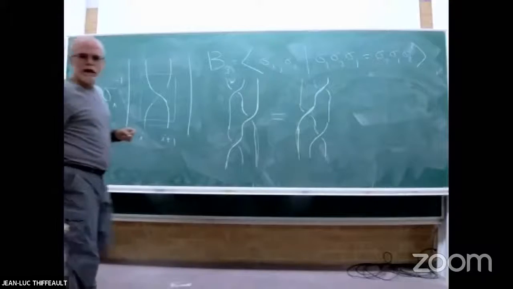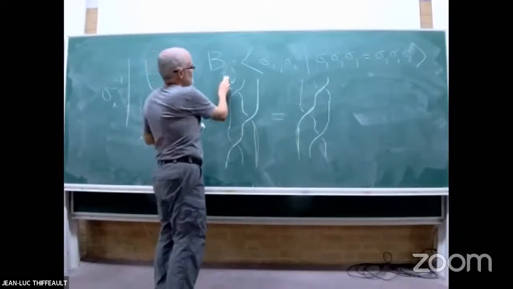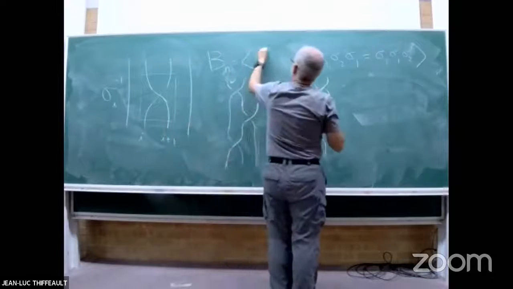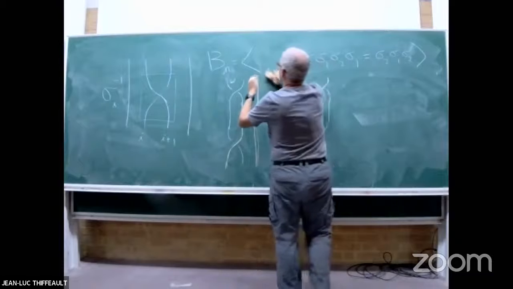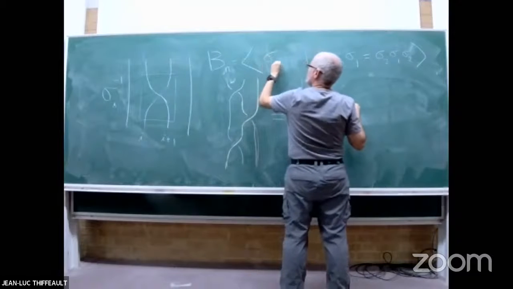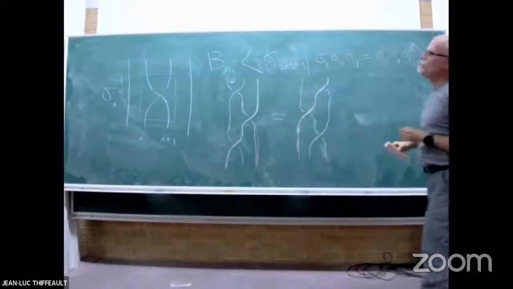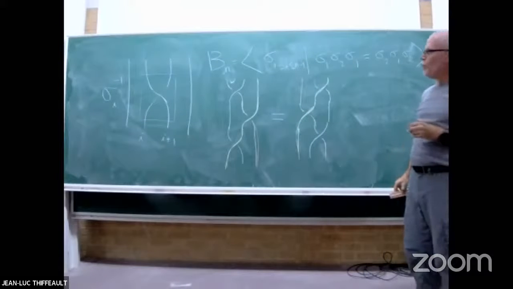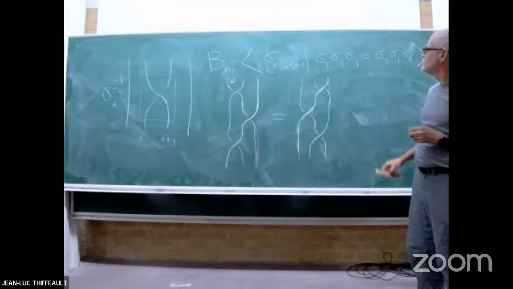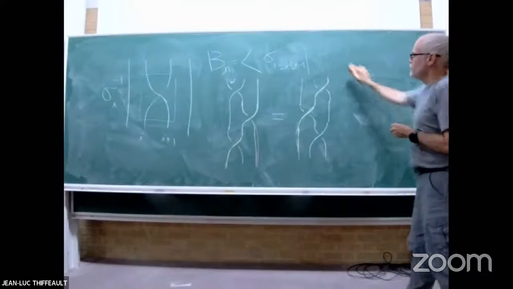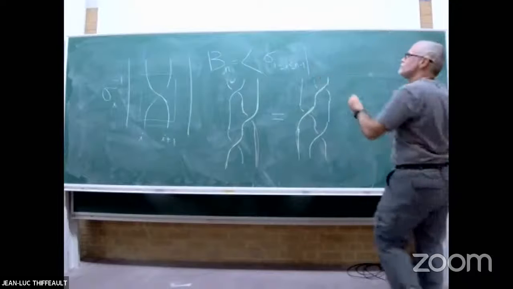So what about higher groups, right? So what about Bn? Well, Bn will have sigma I, where I is between 1 and n minus 1. And then it turns out it'll just have two types of relation.